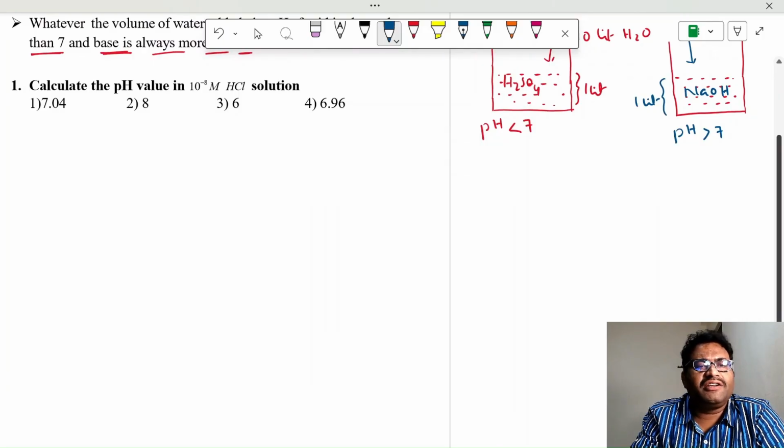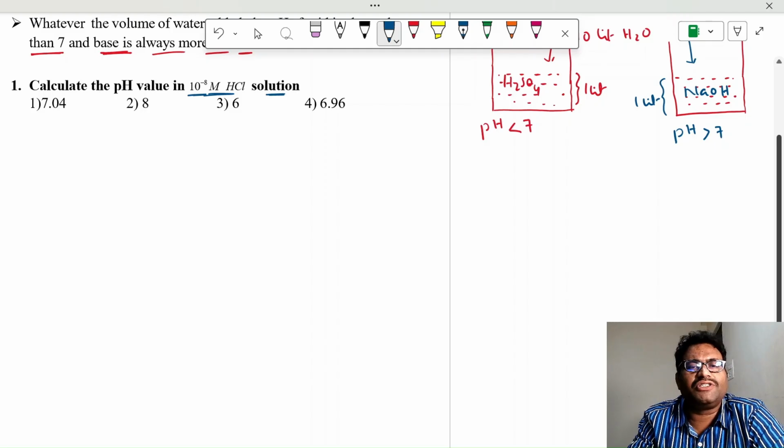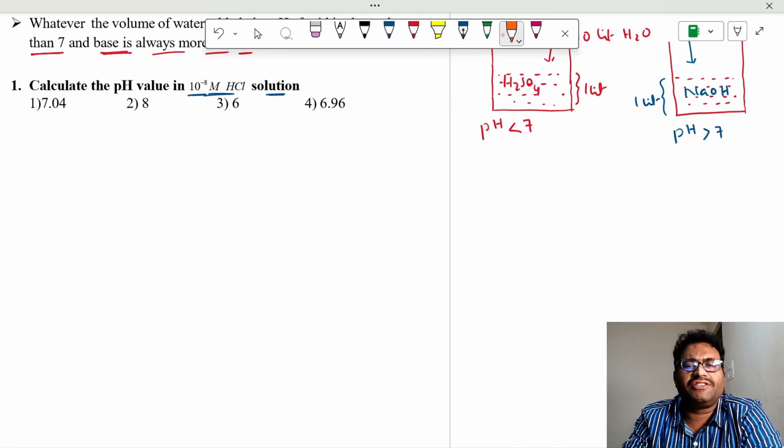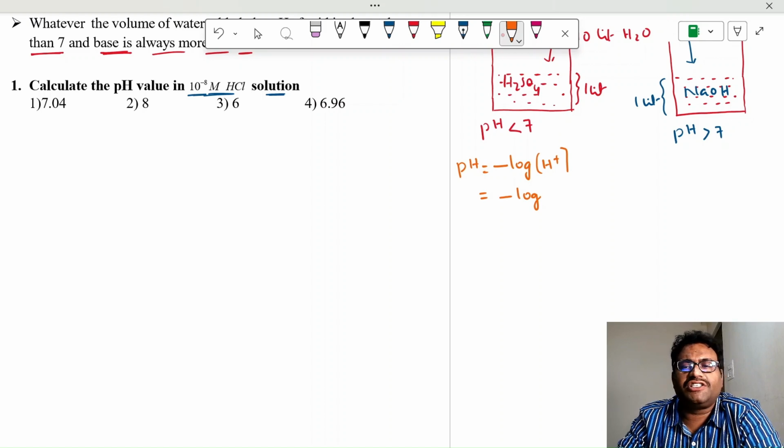Here, what is given? The pH value of 10 power minus 8 M HCl solution is given. And we know how to calculate pH. pH is equal to minus log of H plus concentration. HCl dissociates into H plus and Cl minus.